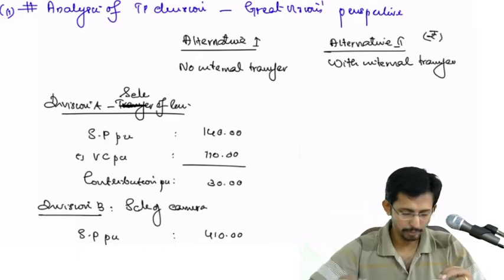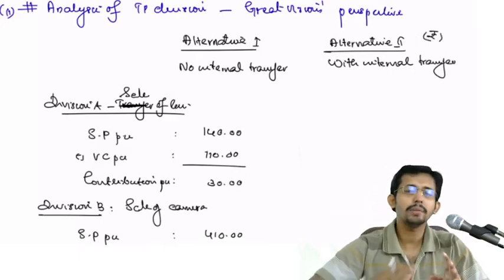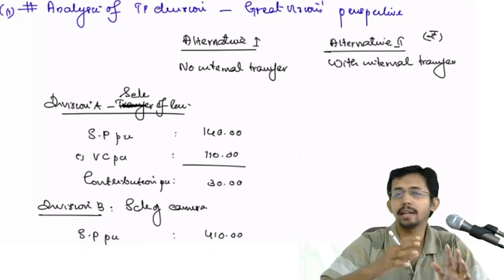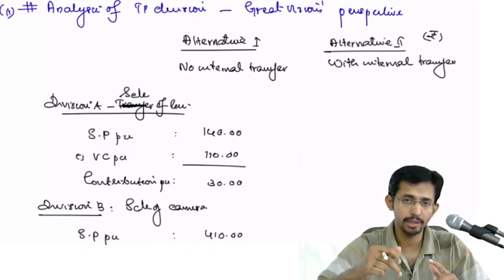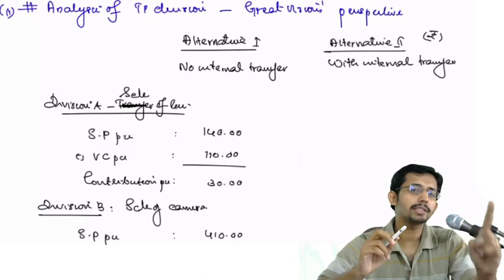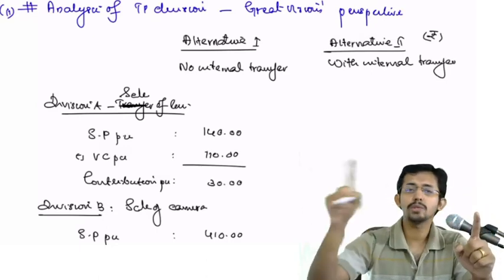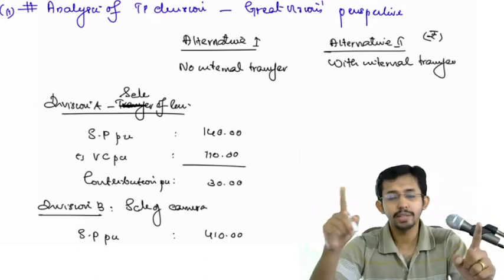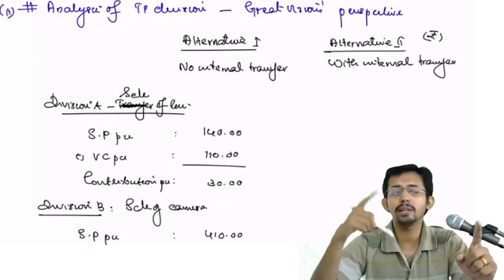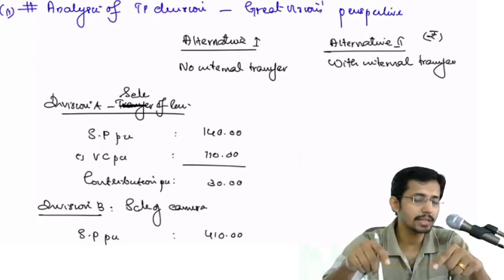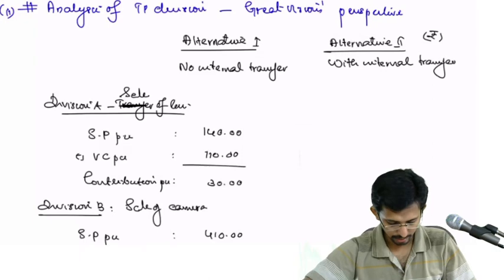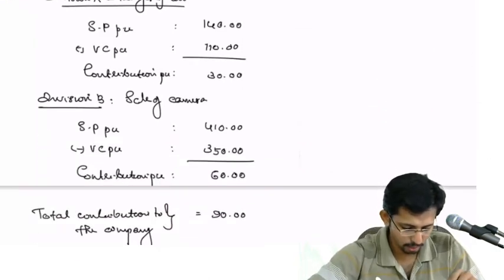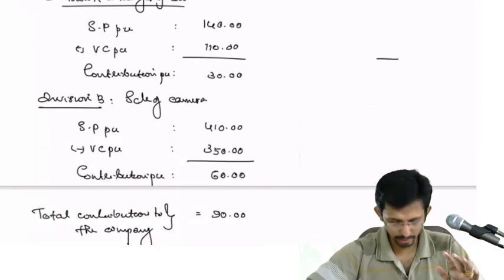Now we have another alternative where we are evaluating what would be the impact on the company's contribution if the lens manufactured by division A is transferred to division B, and division B manufactures the surveillance camera with this lens and it is sold in the external market. Here there is no external sale, so you don't have to consider it here.